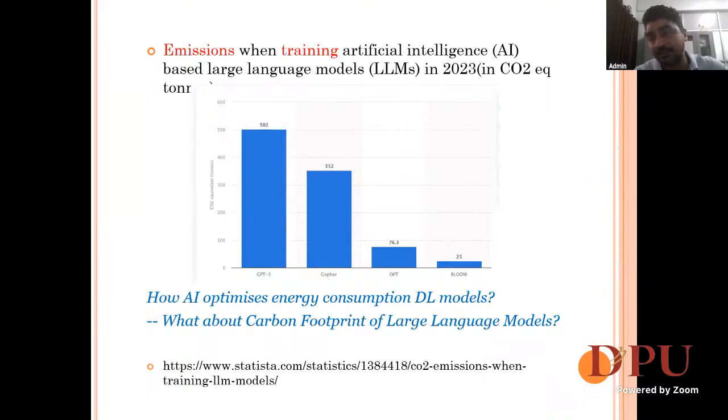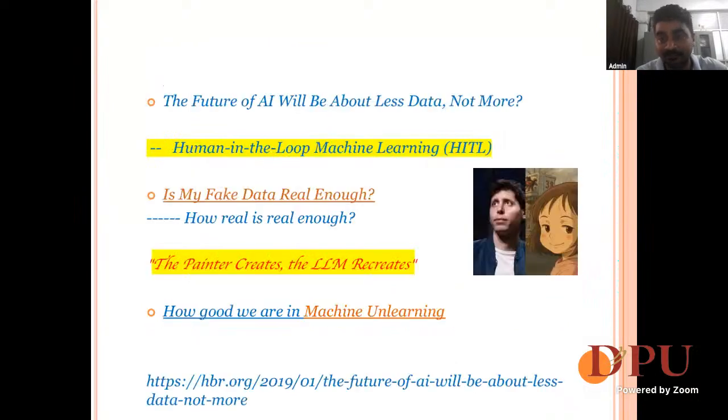Now in the majority of journals, the reviewers are asking, what is the carbon footprint of your model? Those who are dealing with SDGs, one of the goals is zero carbon. So if you are dealing with deep learning frameworks, you should always think about how much carbon is getting emitted.